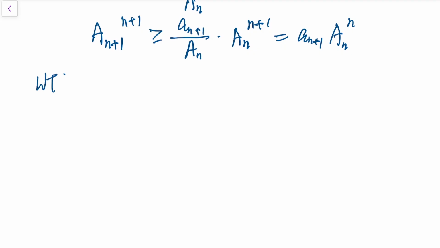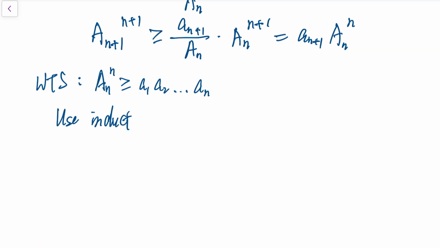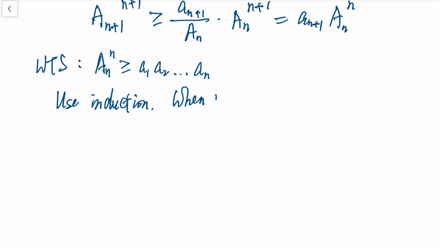We want to show that An to the power n is greater than or equal to a1 times a2 times ... times an. We just use induction. When n is equal to 1, we have capital A1 is equal to a1.